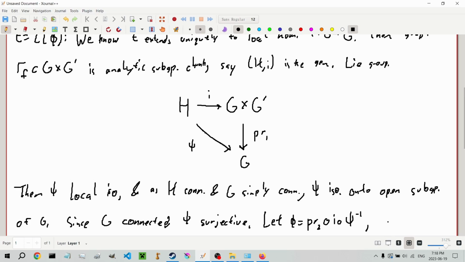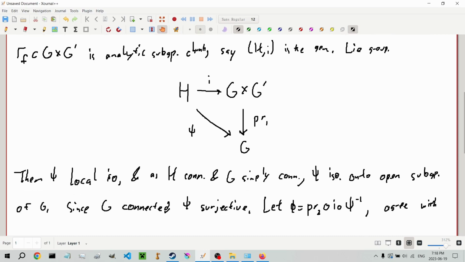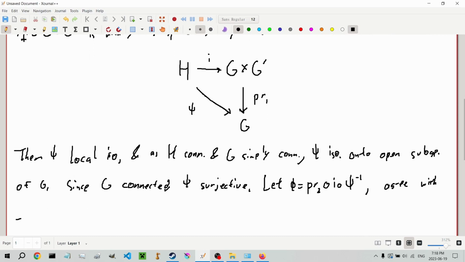And this is going to agree with F in a neighborhood of e, so we know that our equivalent on the group exists.